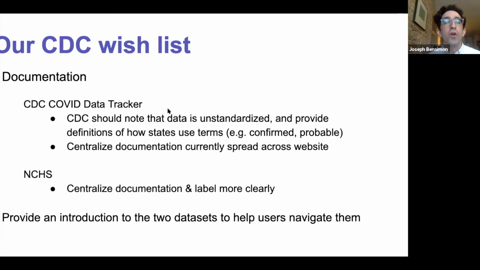I would say that for what we would like to see from the CDC, first, not on the slide, but this being CTP, would be just more and better data. There's still more data that we'd love to have reported. Just one example: in the CDC COVID tracker's data set, there's a category for probable new deaths, and there are several states which have values reported for the new probable deaths, but there's no cumulative figure for those probable deaths.